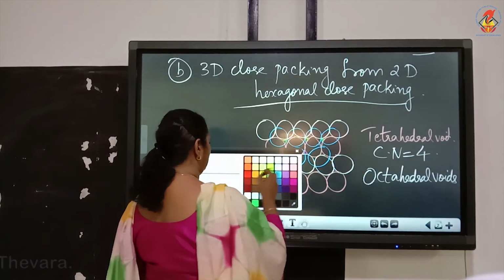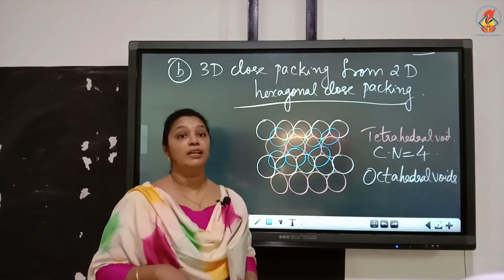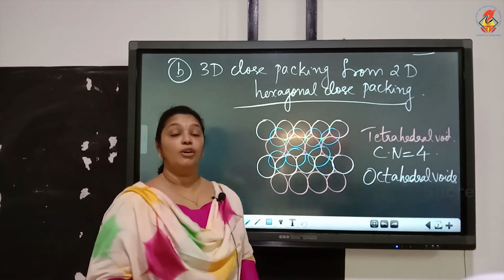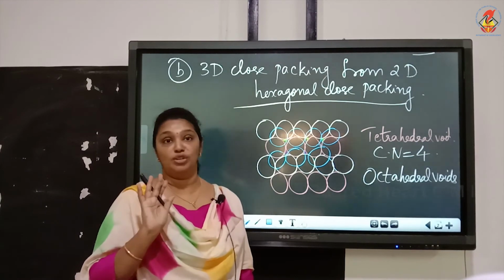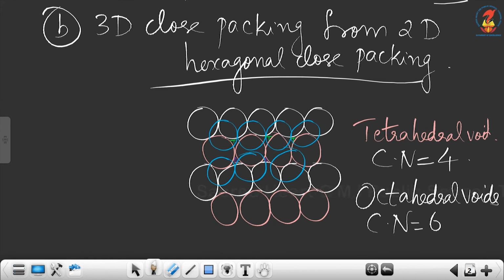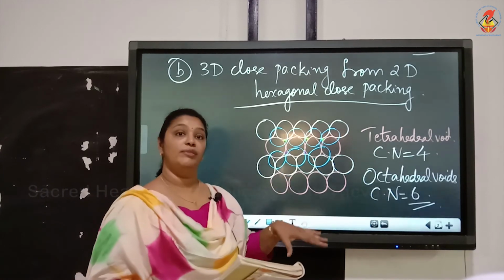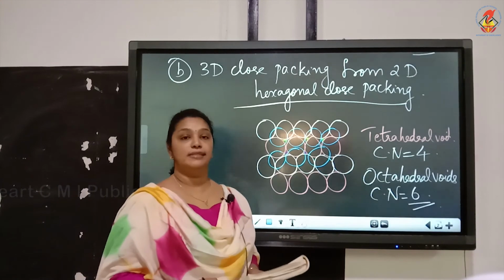They are called octahedral voids because when we join the centers of the spheres, we get the shape of an octahedron. But the octahedral void's coordination number, when we hear, we feel that it is 8. It is not 8. Octahedral void's coordination number is equal to 6, because each void is surrounded by 6 spheres. So coordination number will be equal to 6.